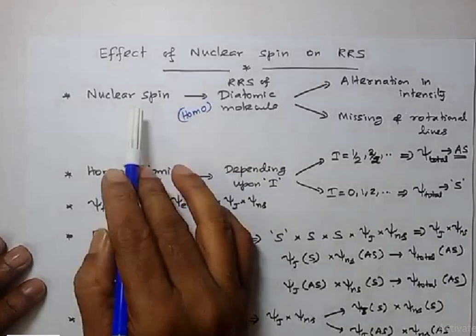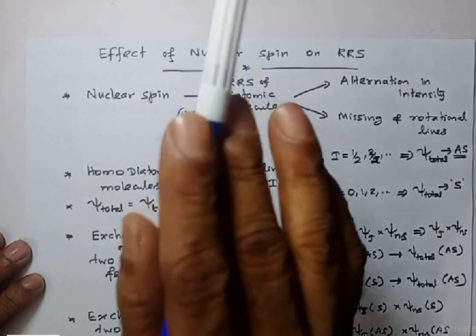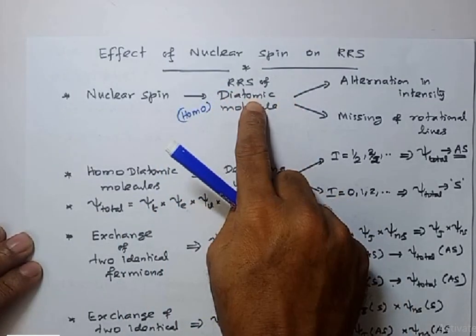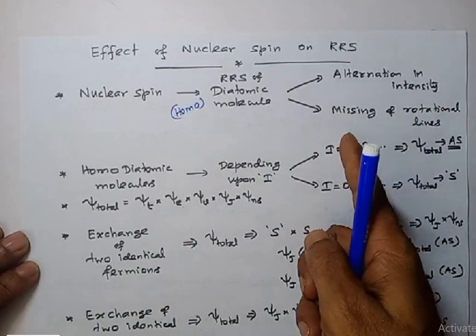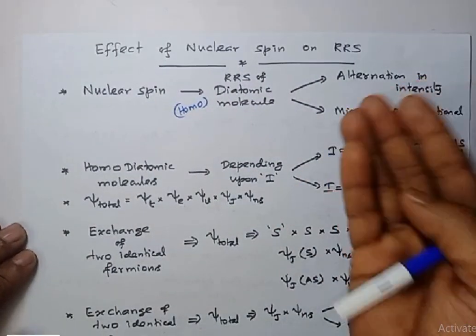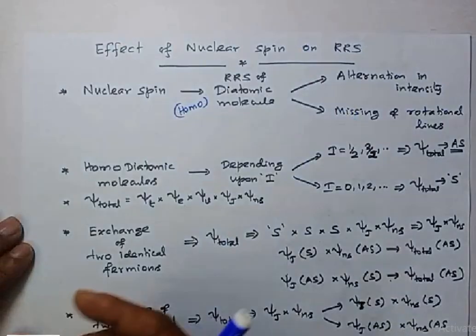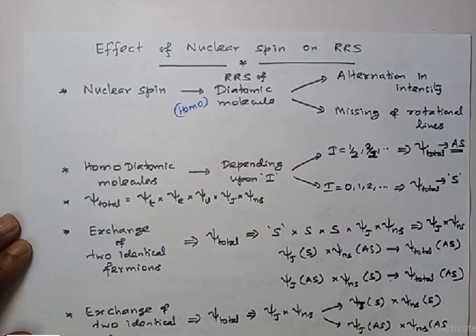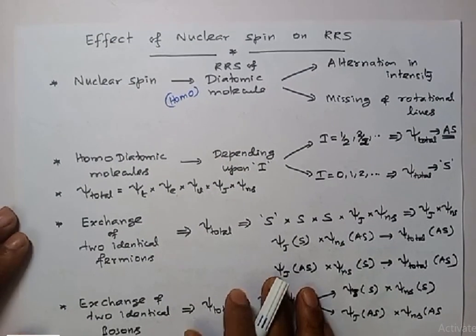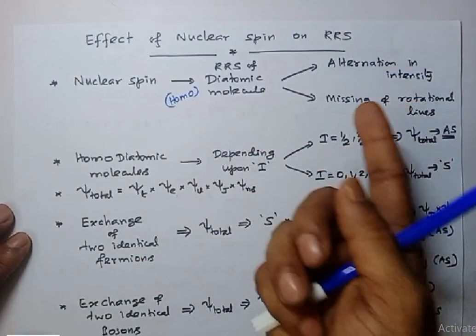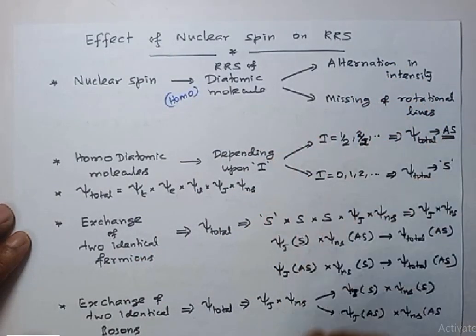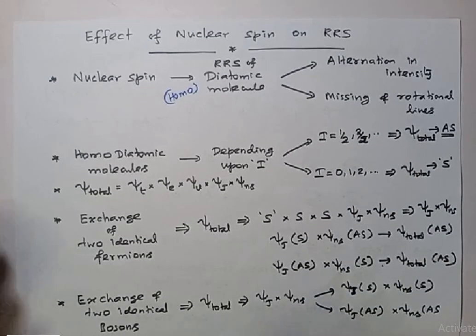So, nuclear spin affects the rotational Raman spectrum. It causes either alternation in intensity of rotational lines, or sometimes some rotational lines may be missing, due to the effect of nuclear spin. Now we'll try to understand how the alternation in intensity occurs and how missing of rotational lines takes place. Listen carefully.